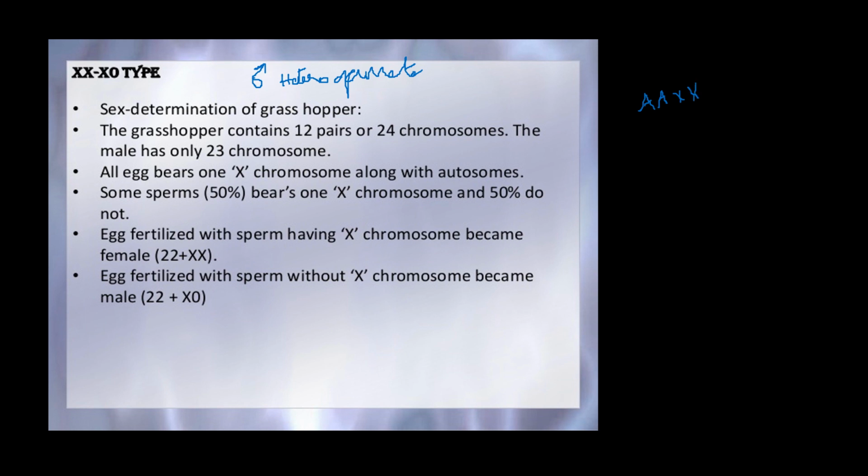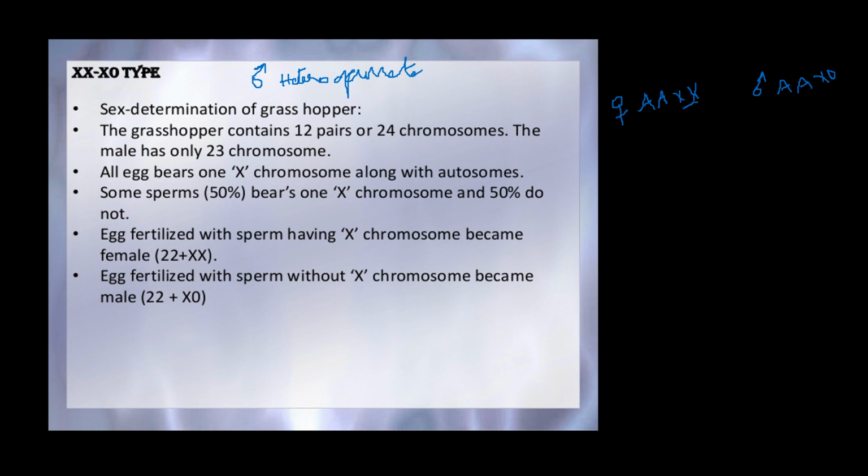If the chromosomes are like this, then we can say this is the female, and we call the female homogametic because both the sex chromosomes are the same. Now coming to the male, the male has the autosomes as well as only a single X chromosome. So here we can call it the heterogamete.